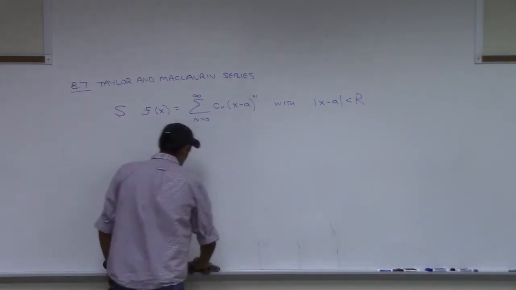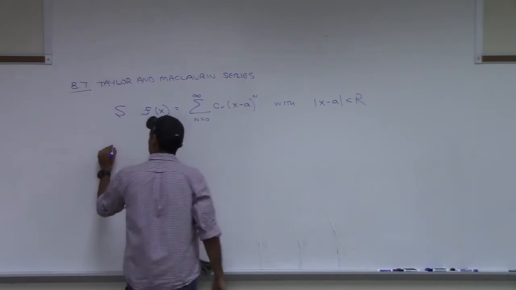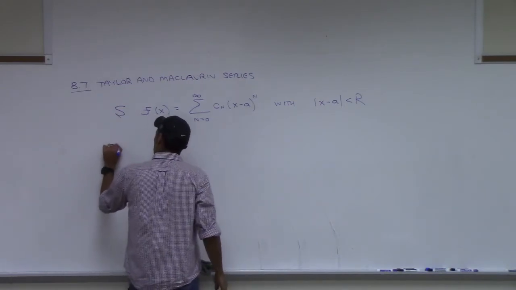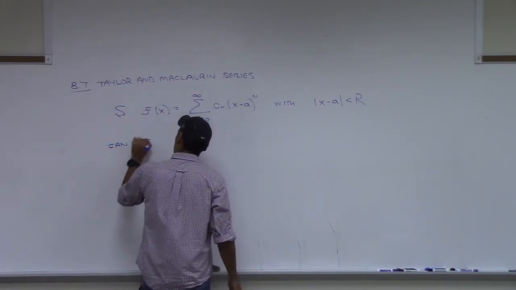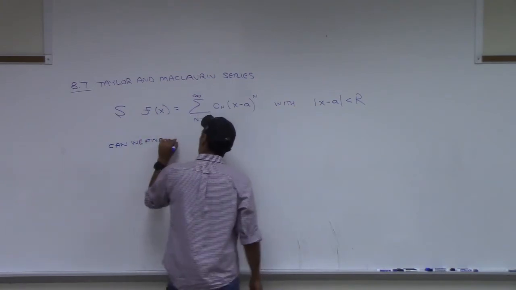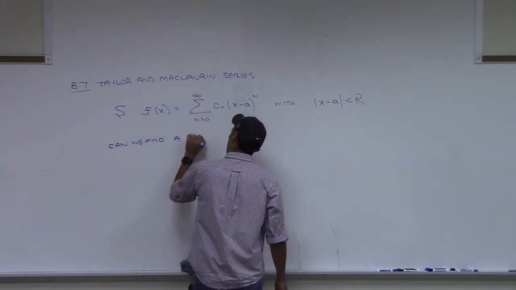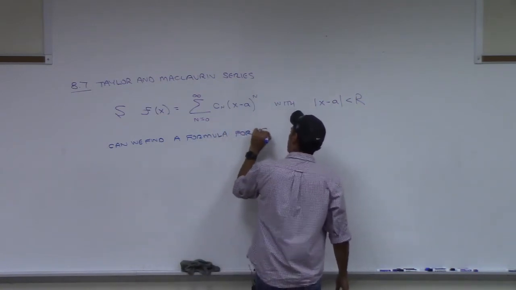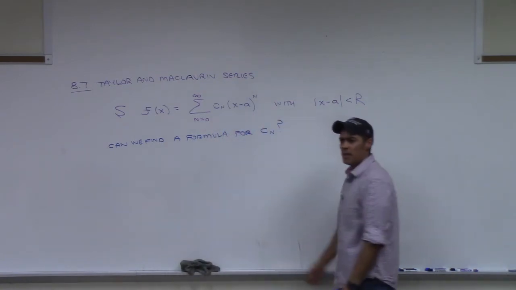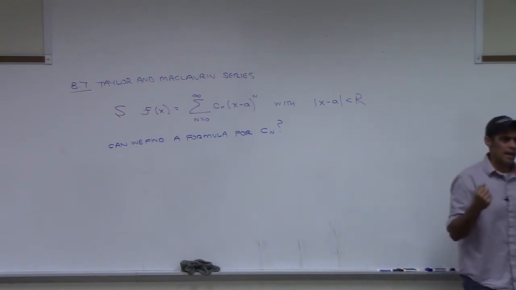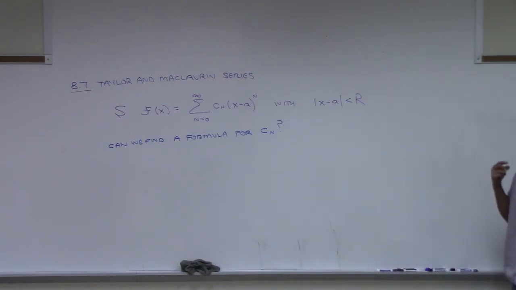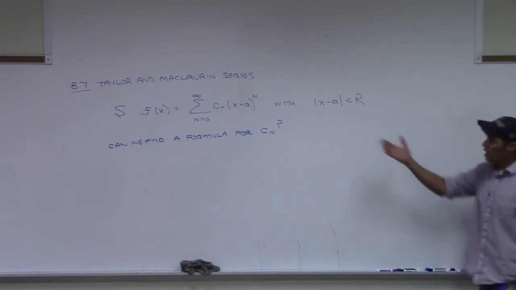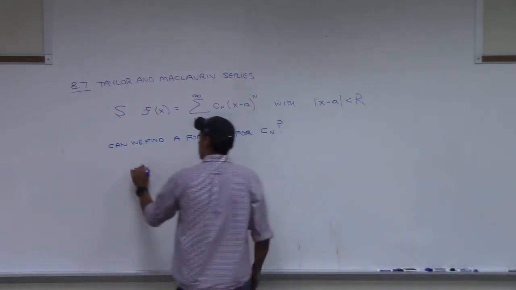So our goal here is to, given this, can we find a formula for c sub n? Somebody gives us a function. Can we find some sort of formula for c sub n? So let's write out this power series first.